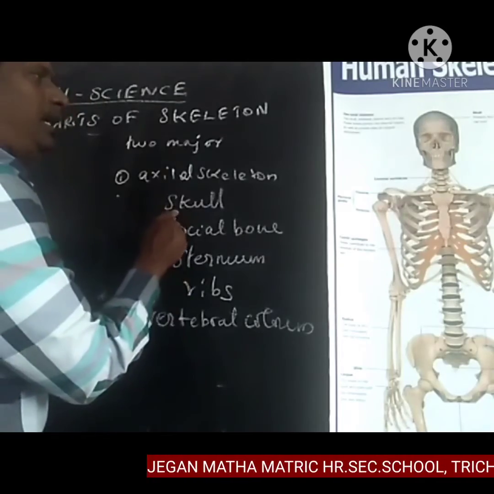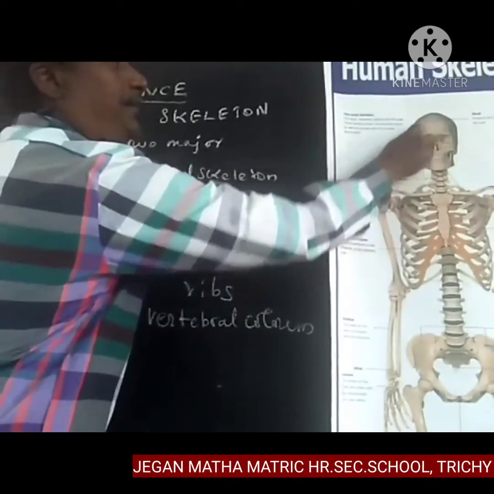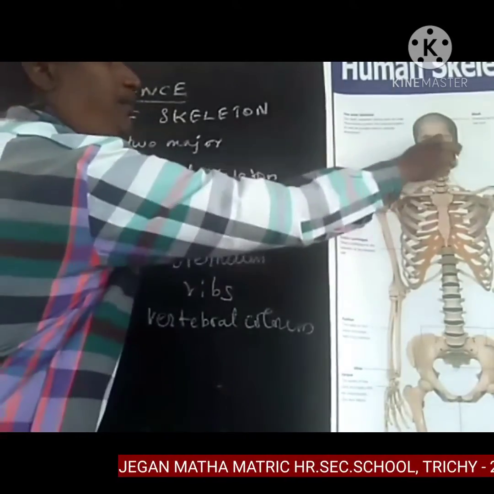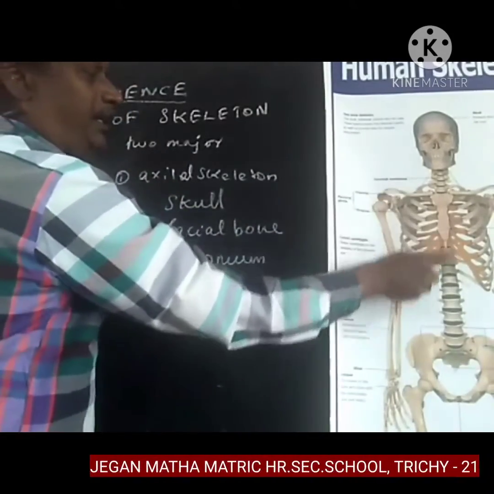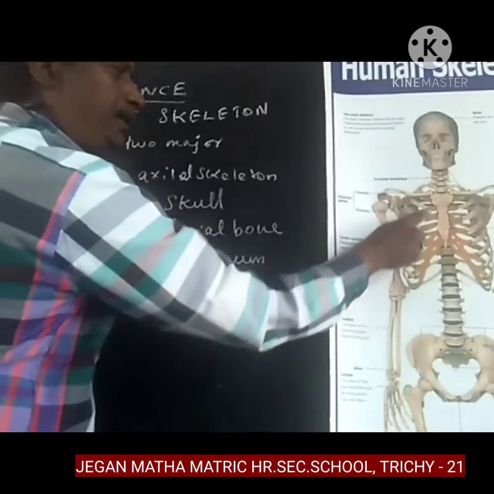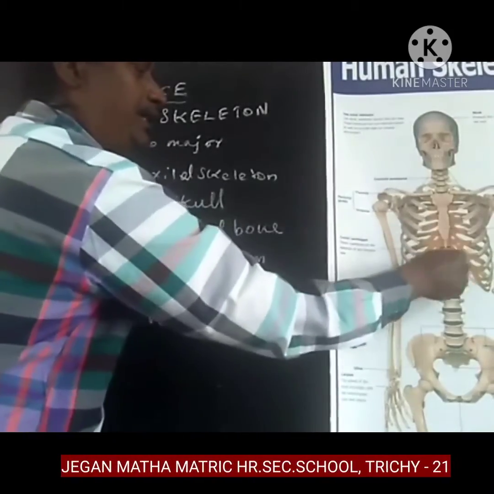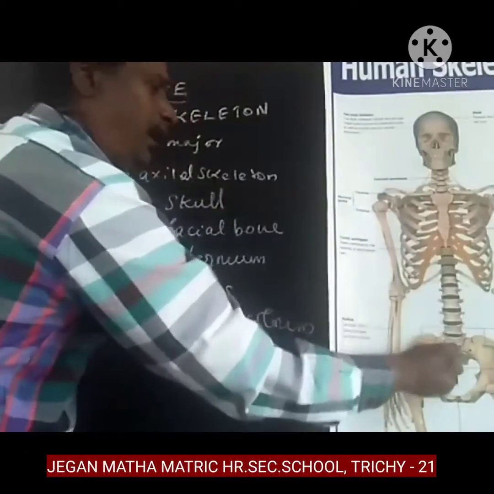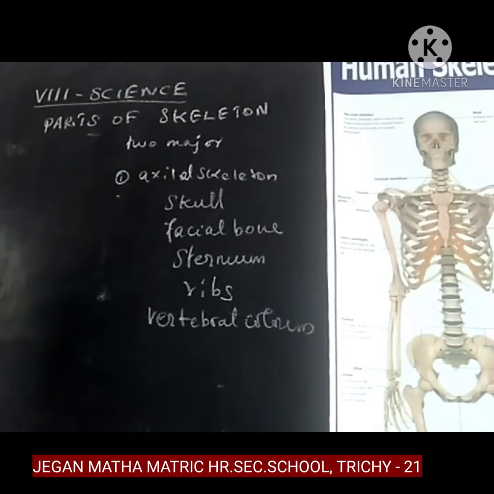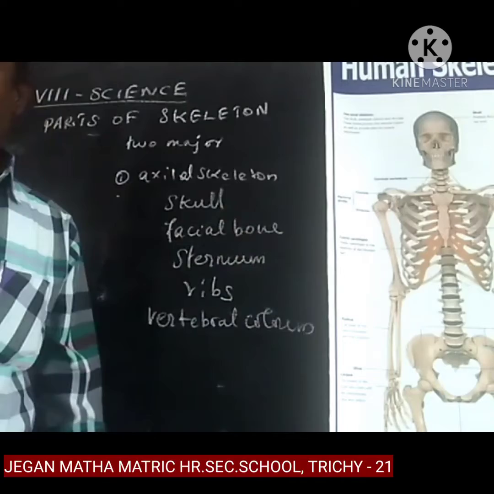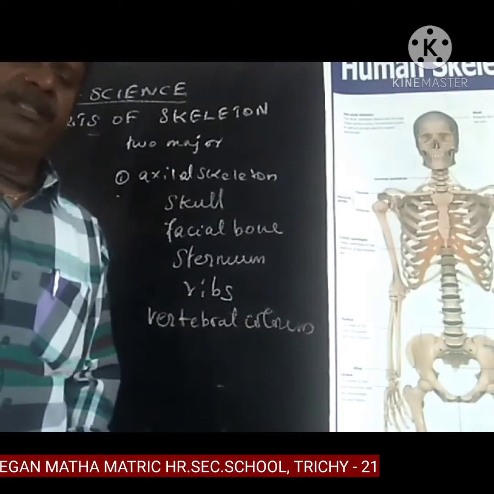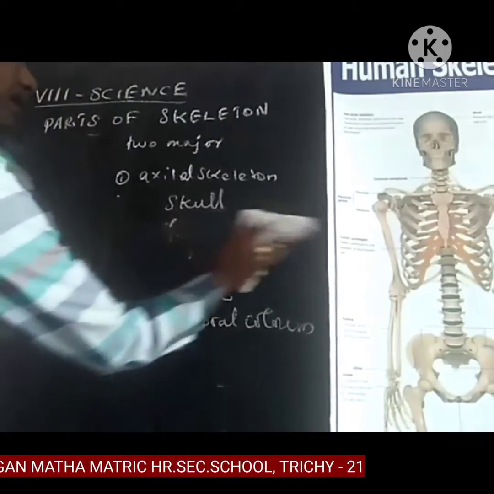So they consist of the skull, then facial bones, sternum, then ribs, then vertebral column. These are the axial skeletal system. First, the skull.